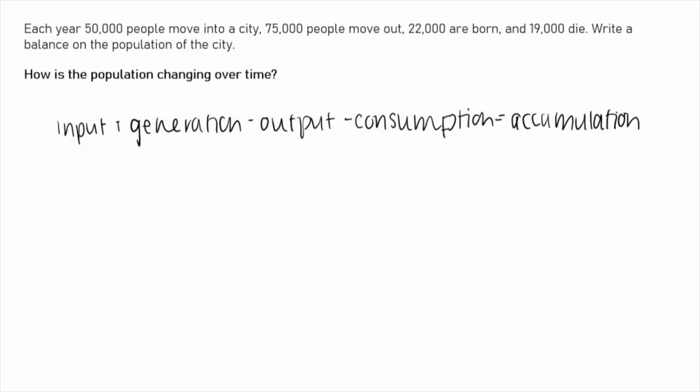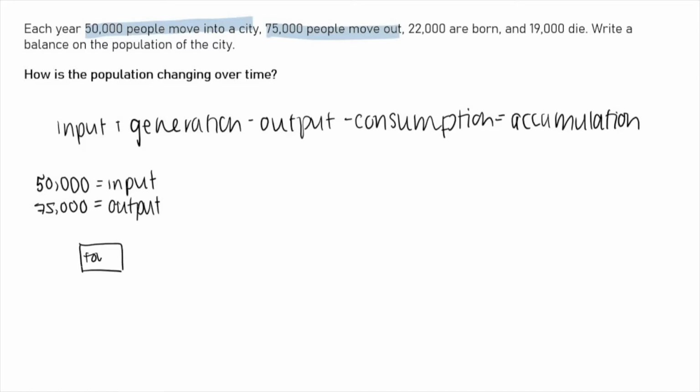So in the problem, it says that 50,000 people move into a city. So 50,000 people can be attributed to the input because that is what is put in at first. Then it says that 75,000 people move out. So that can be attributed to the output.